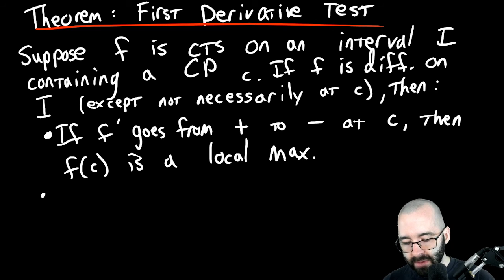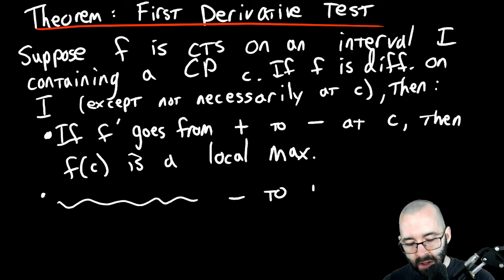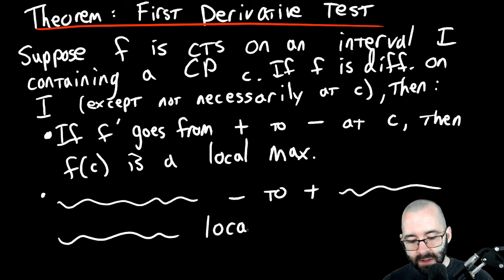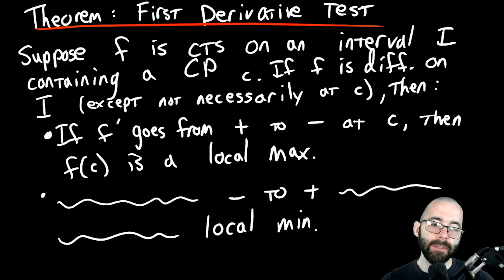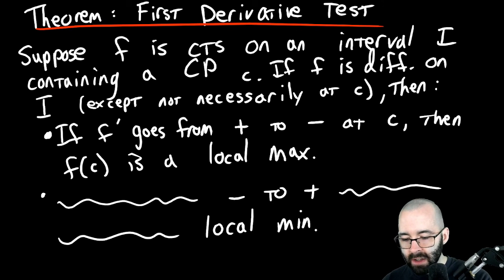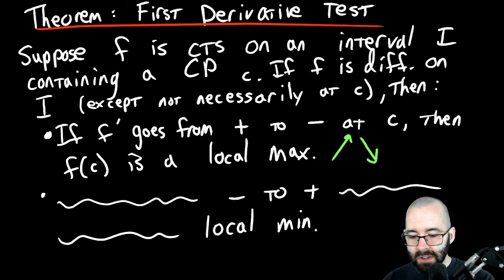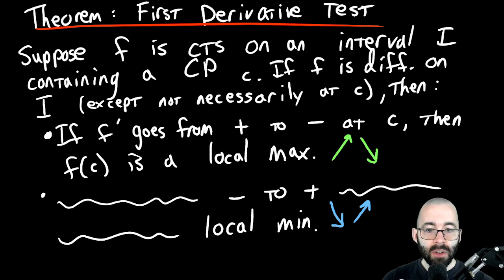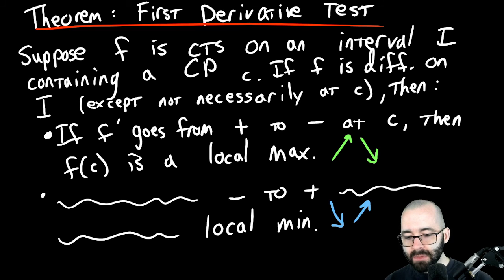And similarly, if f prime goes from negative to positive at C, then f of C is a what? A local min. All right. So this first one you can think of as going from positive derivative to negative derivative. Increasing to decreasing, it's going to be a local max. Negative derivative to positive derivative, decreasing to increasing, that's a local min.